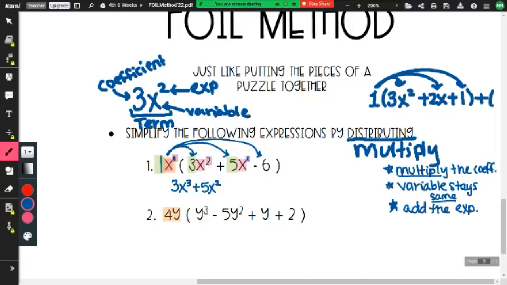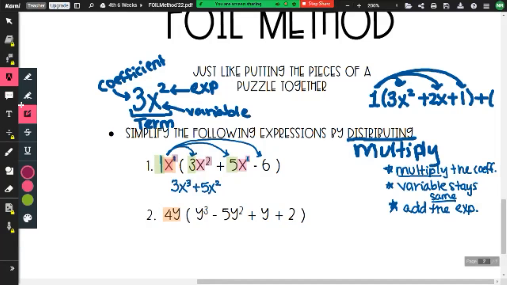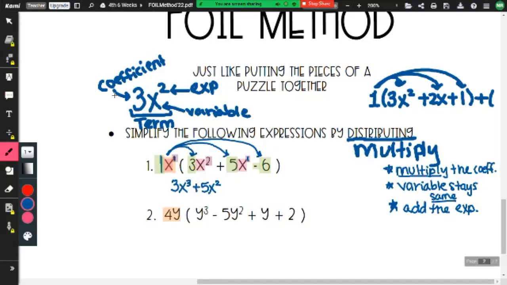Okay, let's try here. Here we have a coefficient, but there's no variable, there's no exponents for us to worry about. But same thing, 1 times negative 6 is negative 6.